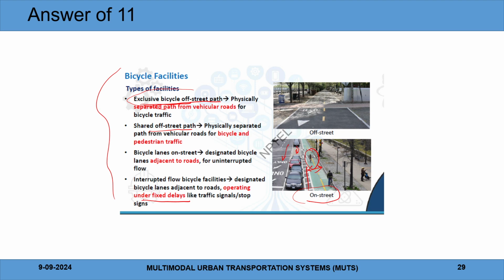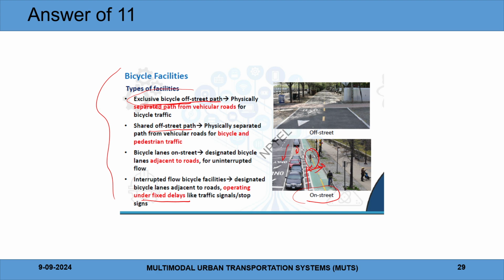How many people will use that facility in maybe 10 or 20 years, and also how comfortable they want to be. If the width is very low and many people want to go by bicycle on that road, they might feel uncomfortable and eventually be discouraged from using the bicycle.